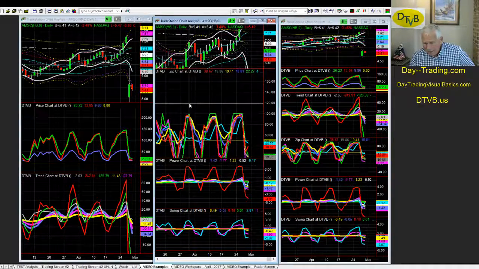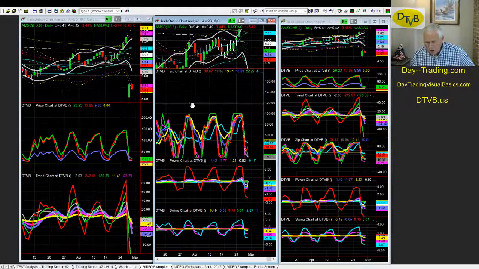Zip pink is at 95.66. Zip yellow is at, excuse me, 95.08. And Zip gray and red are at 95.95 and 95.59, with Zip pink at 95.66.